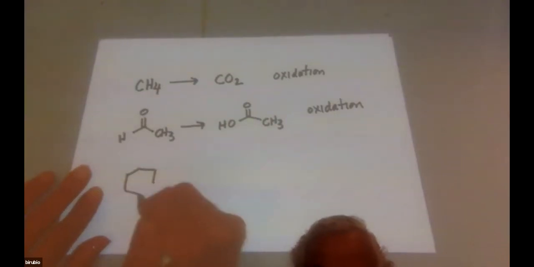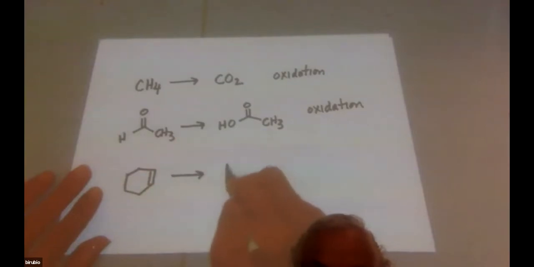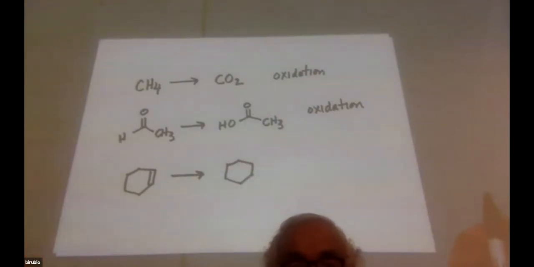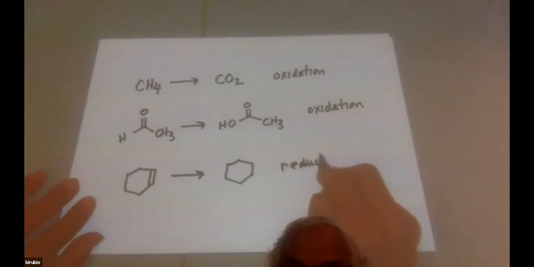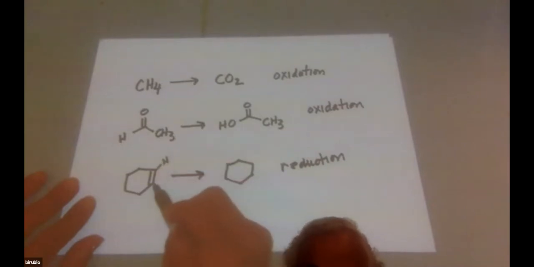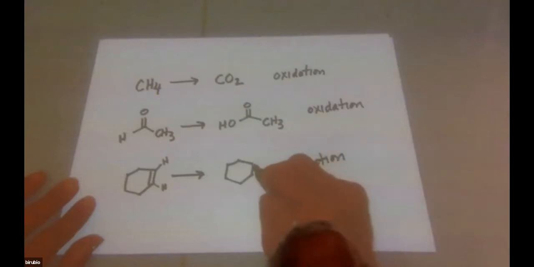Something like this reaction here, which maybe you saw in Orgo 1, you take cyclohexene and convert it to cyclohexane. Is that an oxidation or a reduction? Oh, that's a reduction, because both of those carbons start life with 1 bond to hydrogen, and now in the product they have 2 bonds to hydrogen.